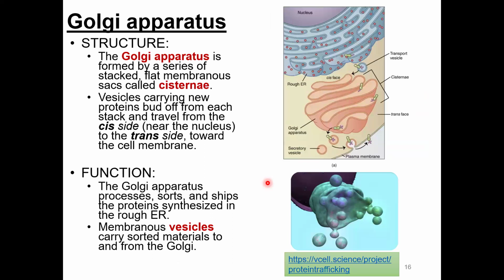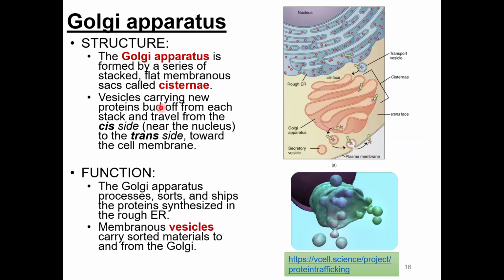Now we have the Golgi apparatus. This is formed by a series of stacked, flat membranous sacs called cisternae, like these here.